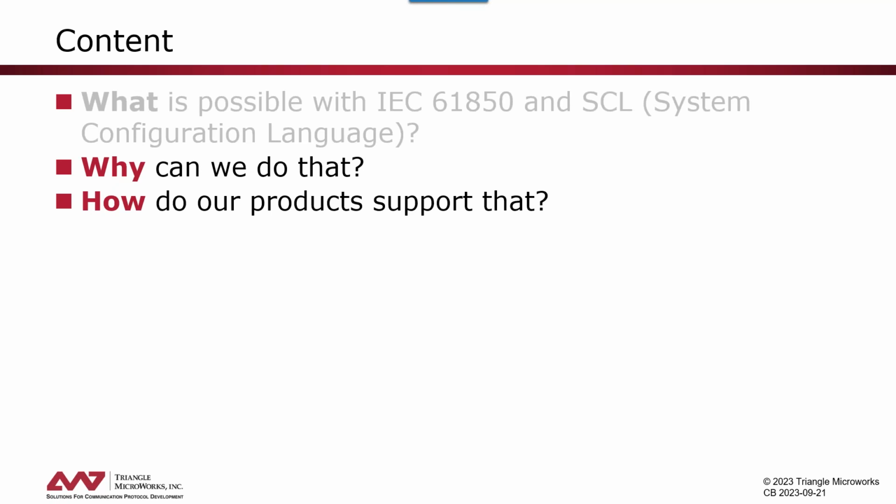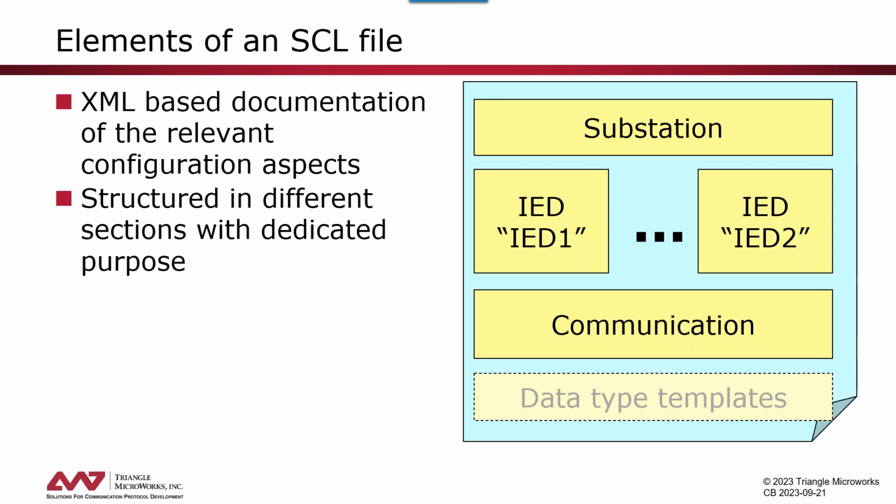Okay, now that we understood what can be done in a digital substation design, let's have a look at what features in IEC 61850 support that. The key element here is the SCL, or System Configuration Language file, that I hope you are partly familiar with. I mean, Jackson showed in the first part of the webinar how such a file was created.